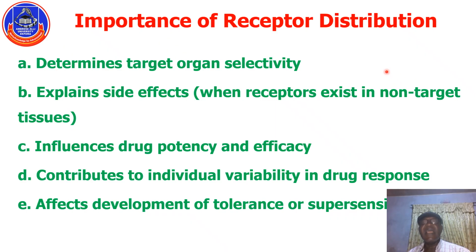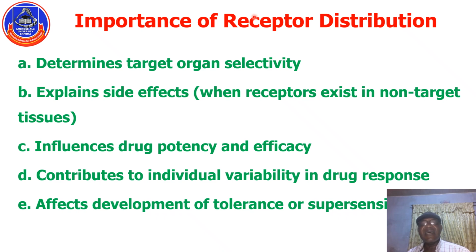For example, if the liver has a receptor for a specific drug, and the testes also have a receptor for that same specific drug, and that's drug A, for which the receptor is present in the liver and the testes, then it means that it will affect both the testes and the liver.